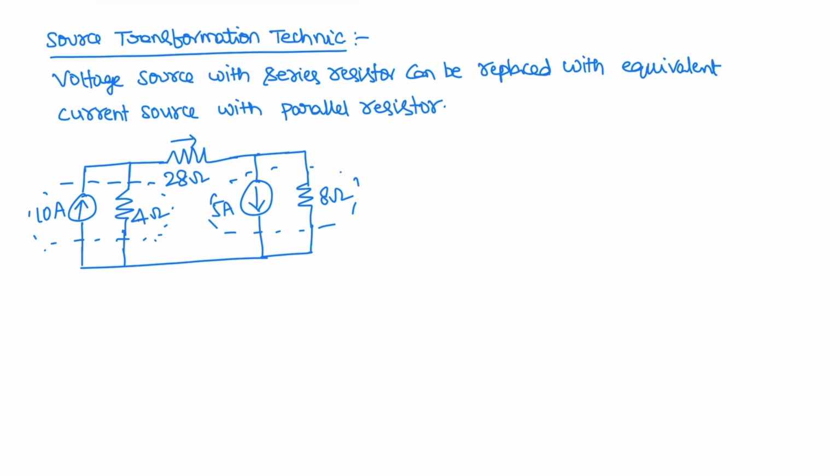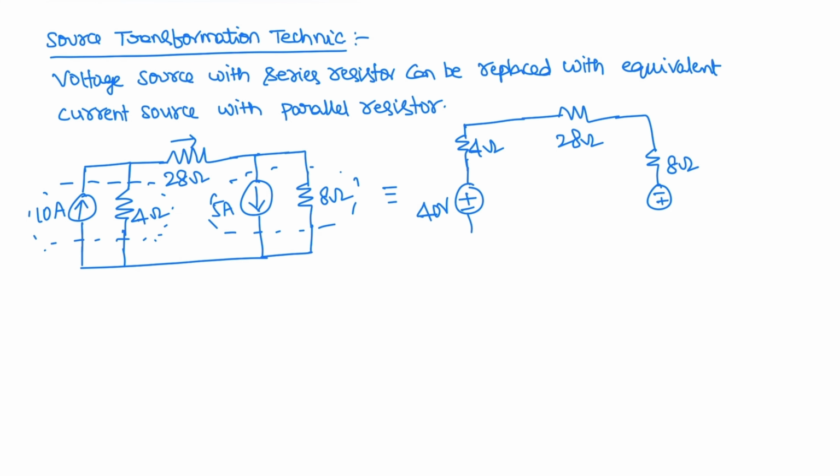So the corresponding equivalent circuit is 10 into 4, that is 40 volts, and the series resistance is 4 ohm. Next, 28 ohm resistor, again 8 ohm resistor, with 40 volts, the current direction being downwards.